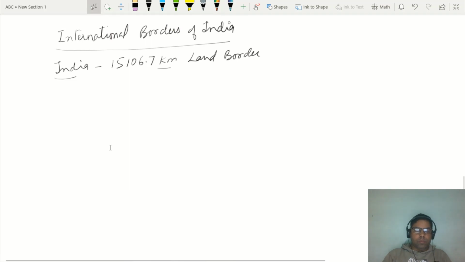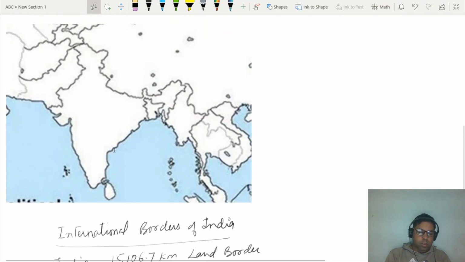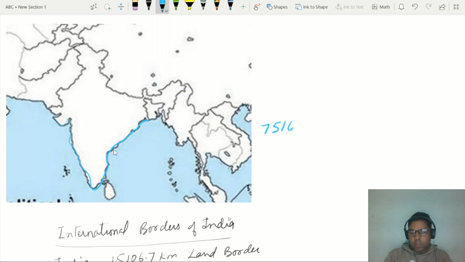Then after that, the coastal border line, if you see this coastal border line is about 7,516.6 kilometer, right? So this is including the territorial water or the islands of Andaman Nicobar and Lakshadweep groups.